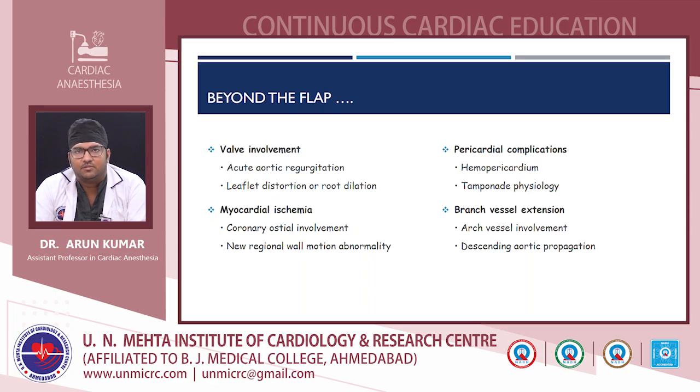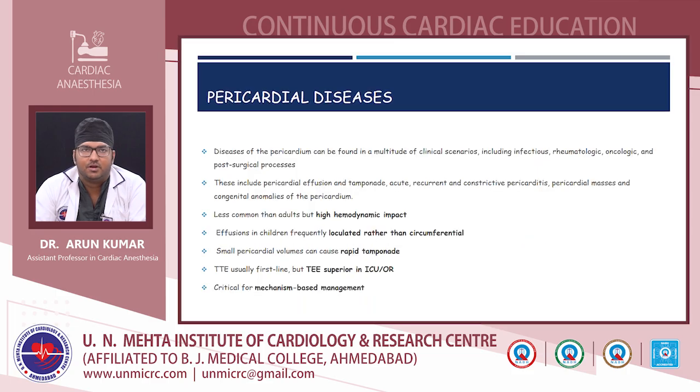Other complications like hemopericardium and tamponade should also be assessed. And branch vessel extension, the extension of dissection into arch vessels and descending aorta, must be evaluated. Coming to the next topic, pericardial diseases.